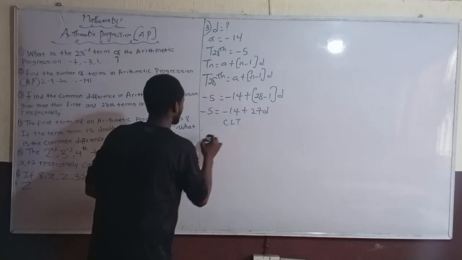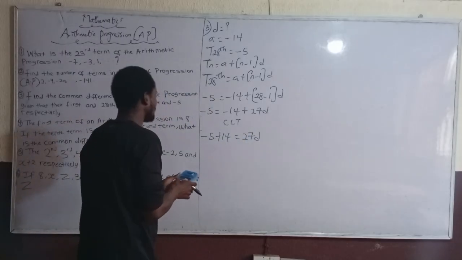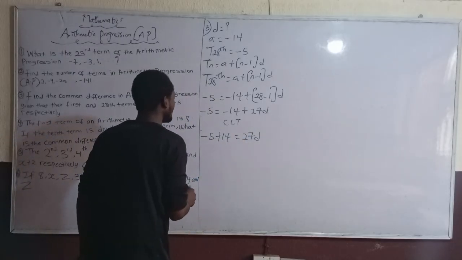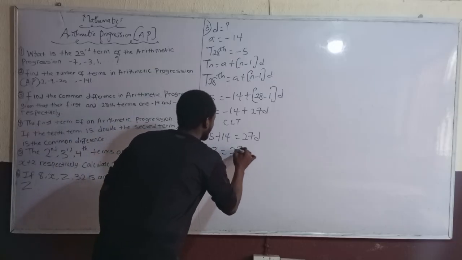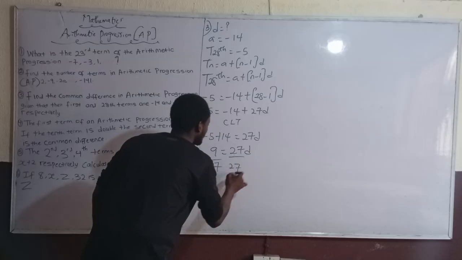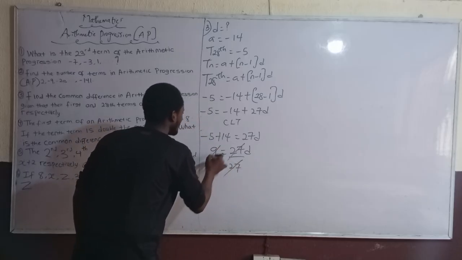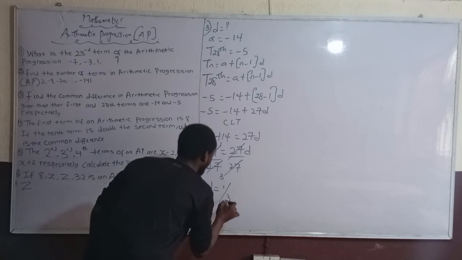Collecting like terms, minus 5 plus 14 equals 27d. Minus 5 plus 14 gives me 9 equals 27d. Divide by 27, divide by 27. 27 cancels 27, 9 gives 1, 27 gives 3. So my d is 1/3.